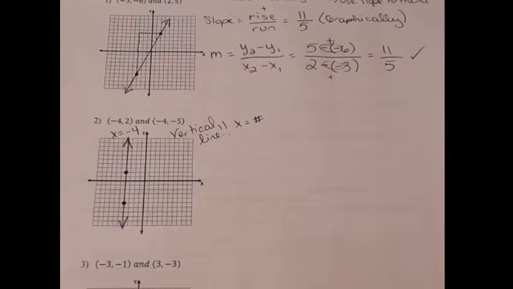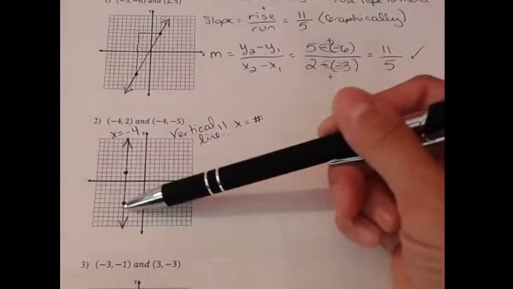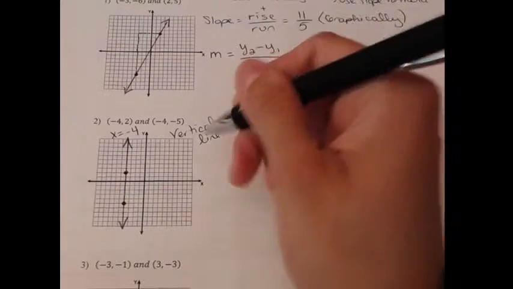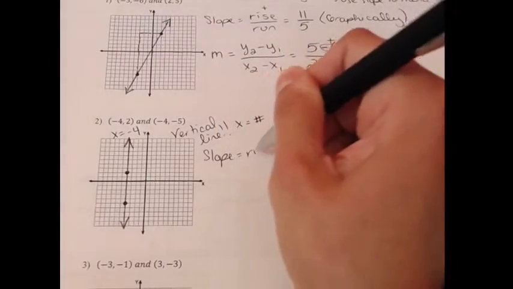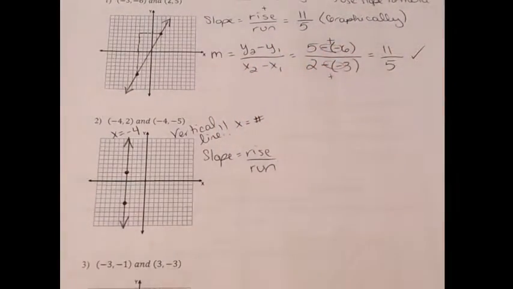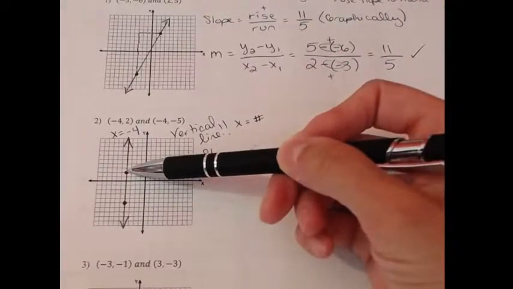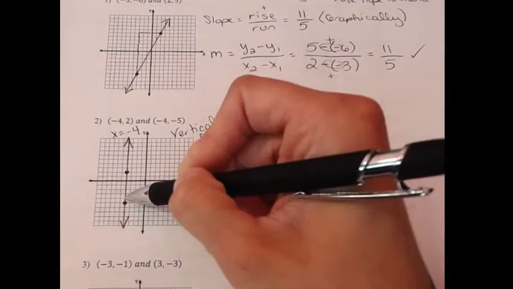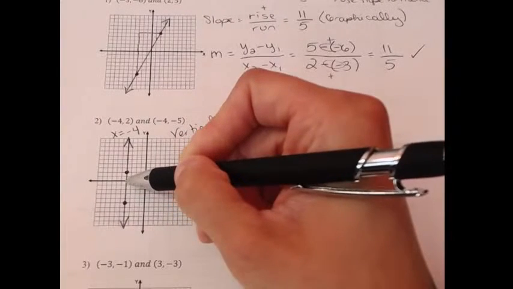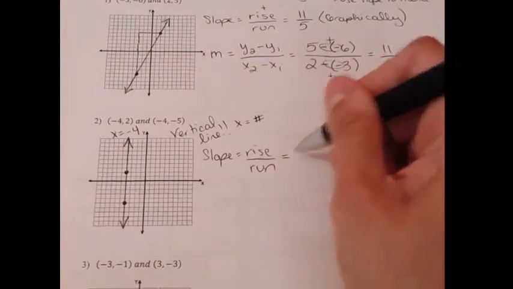Pretty cool. So now I want to identify what's happening with slope. Okay, the tricky part about this is that we're neither rising nor falling, but we can pick one. So for instance, let's say that I called this one my first point. And I said, okay, well, if I wrote that slope is rise over run, and again, we're just doing this graphically, if I called this my first point and this one my second point, then I have to rise 1, 2, 3, 4, 5, 6, 7.